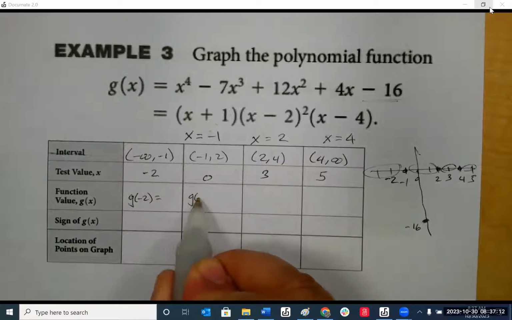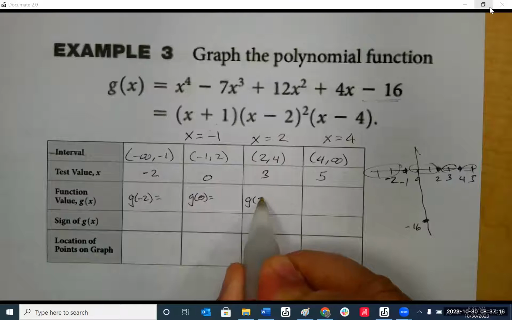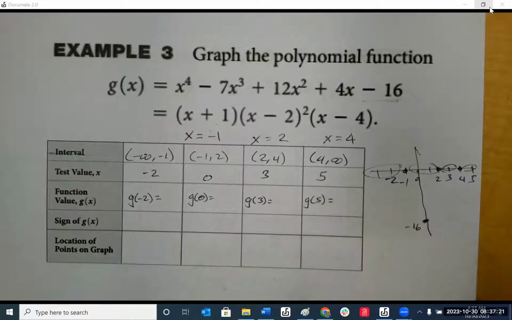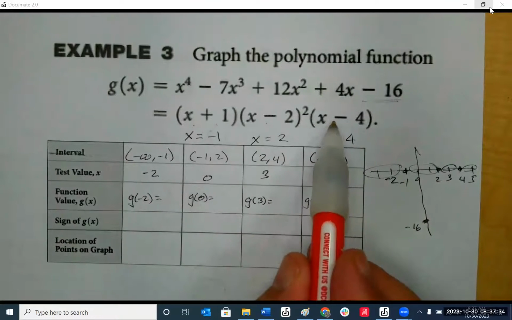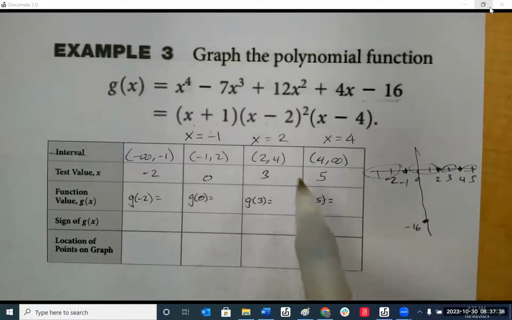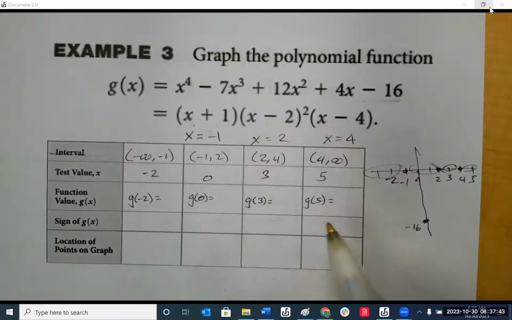Then we plug those inside the function. If you want to, you could just plug them inside this. It'd be much easier. Instead of figuring out what -2 to the 4th is, or what 5 to the 4th is, it's much easier if you just plug them into these and get smaller terms.